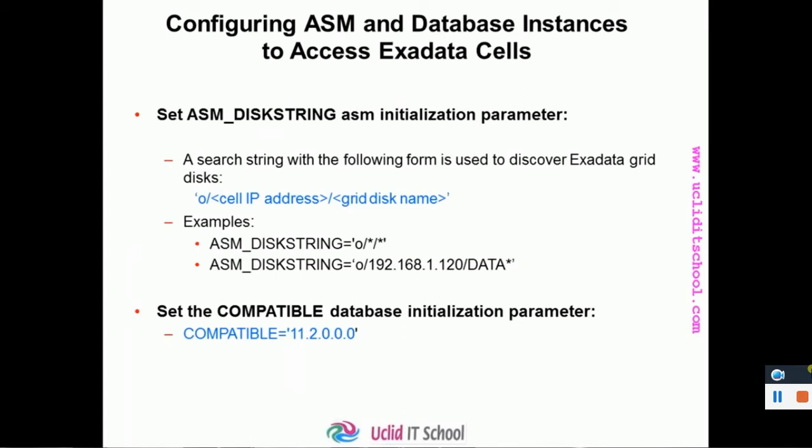This parameter setting is used to discover Exadata grid disks, because in Exadata the ASM disks are nothing but your grid disks, but grid disks are on the storage server. So to identify the grid disks inside ASM, you need to set this parameter asm_diskstring, and this parameter should be set in this format.